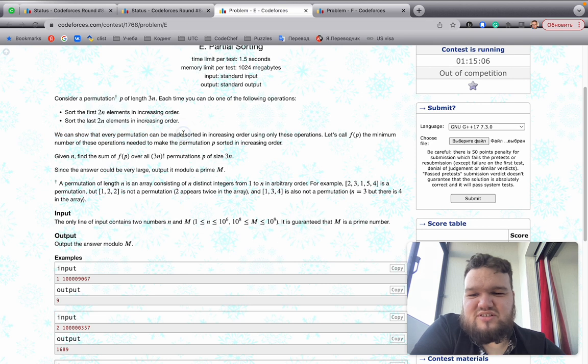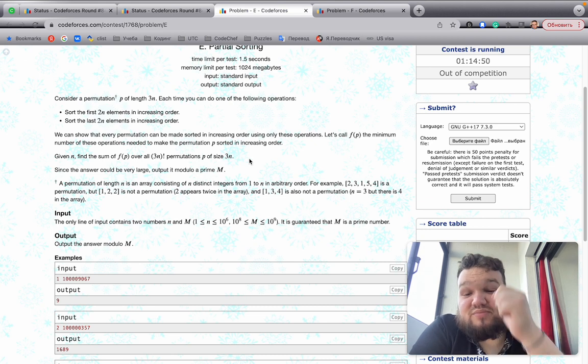It can be shown that every permutation can be sorted using only these operations. Let f be the minimum number of operations needed to sort, and then we have to find the sum of f over all the permutations.